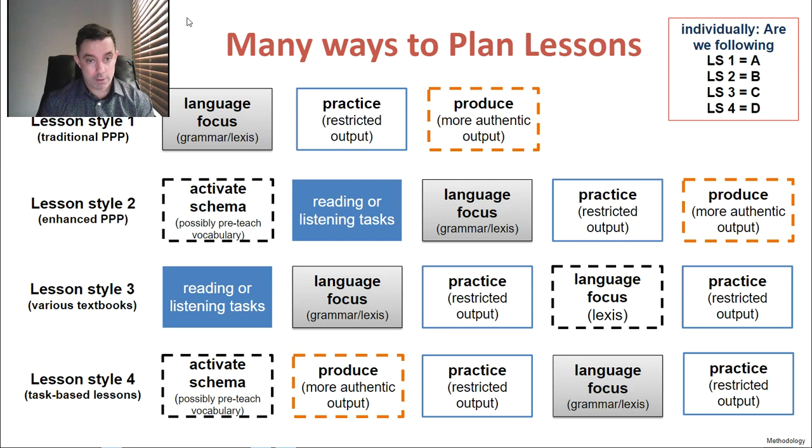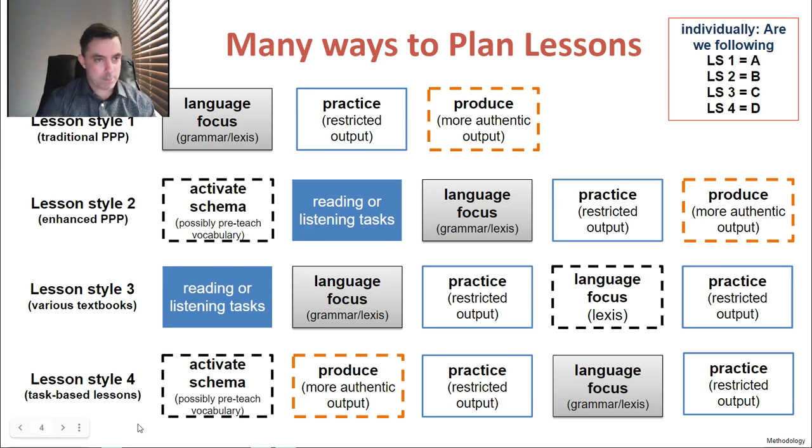We start with activating schema, and we move into input, of course, establishing context for that input, top-down, bottom-up processing, and from that input, we focus on grammar, which is we guide students to discover that grammar, and then we move into restricted and authentic output. Or is it lesson style 3, where we start with reading, then go directly into grammar or lexis, and then we practice, and then we focus on another language focus, which could be lexis, and then we practice?